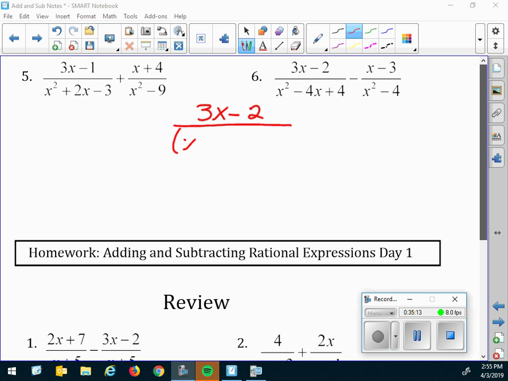X minus 2 times x minus 2, minus, now, here's what I'm going to do. Why did I put that thing in parentheses? So you could make that big. Yeah, good, because I'm subtracting the whole thing. Plus, now if you want to, you can go ahead and distribute that negative. So you can make that negative x plus 3.